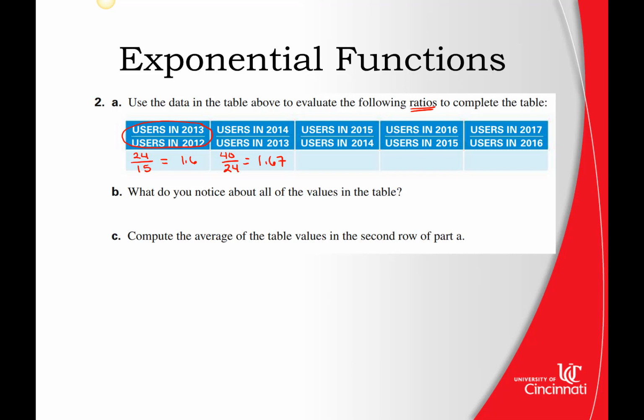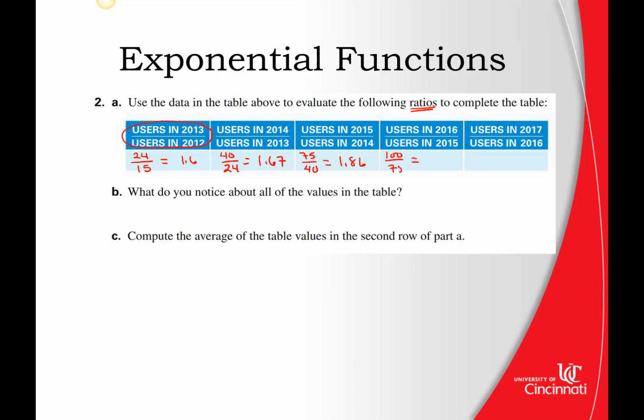If we go with the next one, that's going to be the 75 over the 40. Do you see how this works? Okay, so I do the 75 divided by the 40, and that's about 1.86. Now the next one, we're going the 75 to the 100, so that's going to be the 100 over the 75.